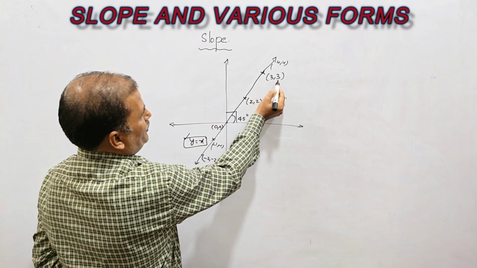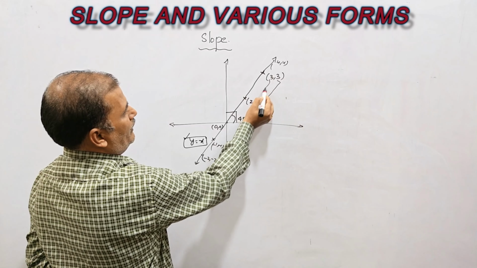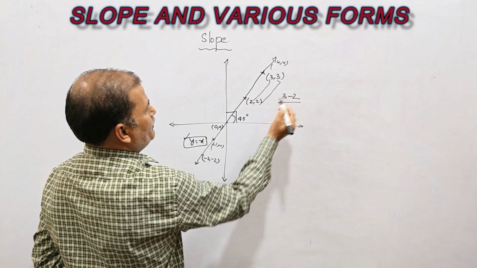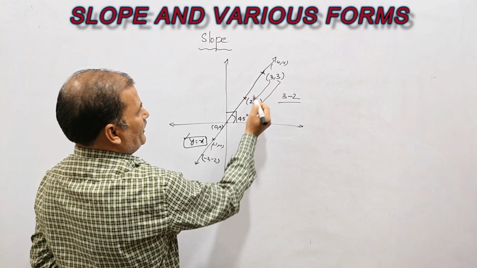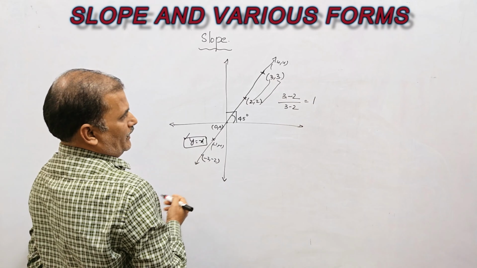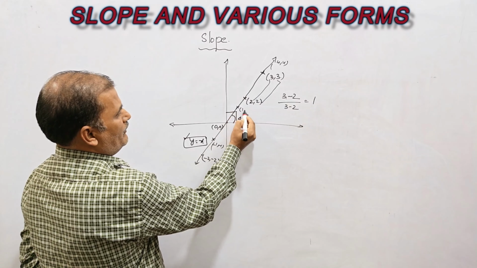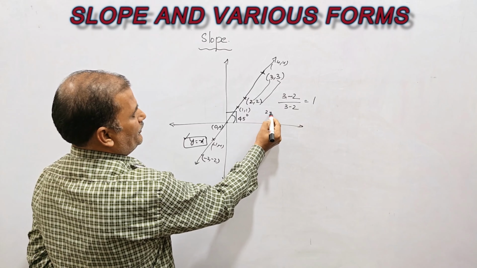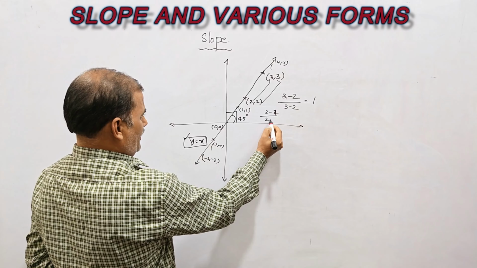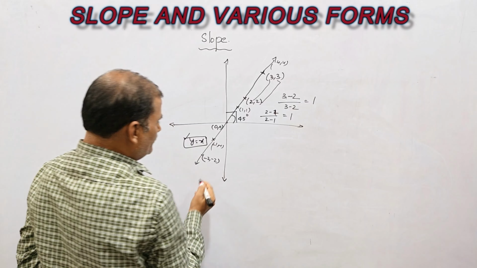By finding the ratio of y coordinates and x coordinates: see, 3 minus 2, the difference between the y coordinates by the difference between the x coordinates, is equal to 1. And here also, if you take 1 comma 1 and find the ratio of y coordinates and x coordinates, it is always 1.